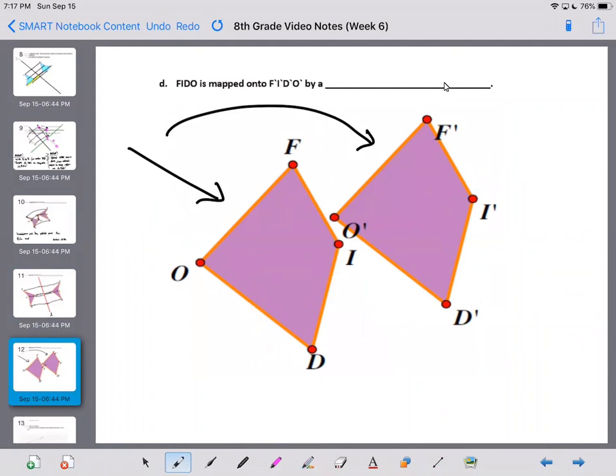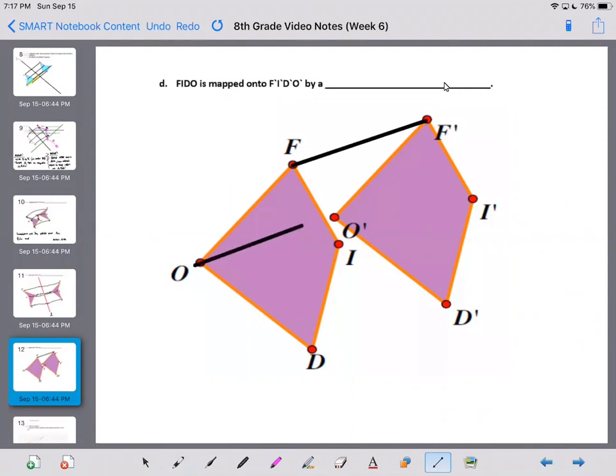Notice, you can probably tell the different vectors that you would slide along. We would go from F to F prime, and go from O to O prime, I to I prime, and D to D prime. So once you just slide it along those vectors, you have actually created a new image, F prime, O prime, I prime, D prime, which your original was FOID.